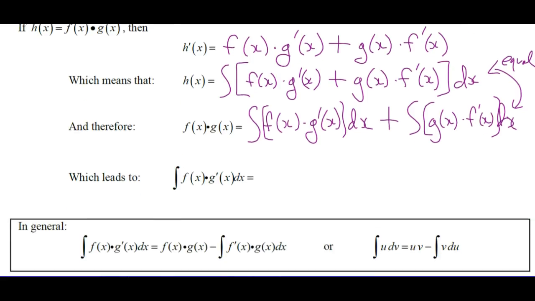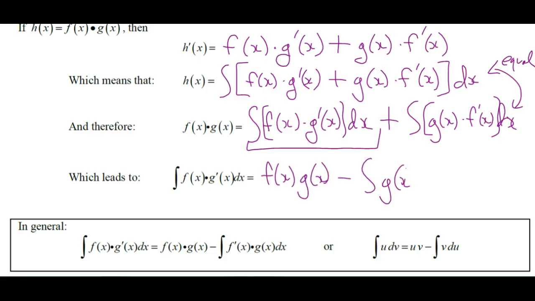Which leads to, if I isolate the integral of f of x g prime of x dx, that's going to be equal to this minus this. So it's going to be equal to f of x g of x minus the integral of g of x f prime of x dx.